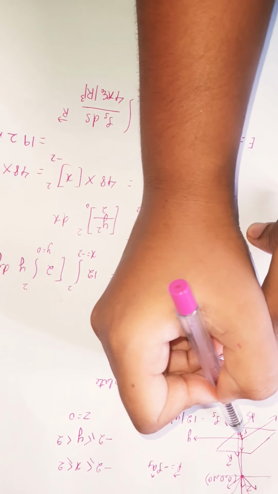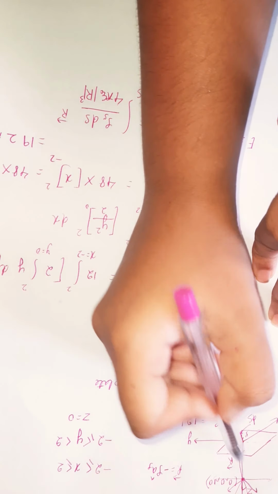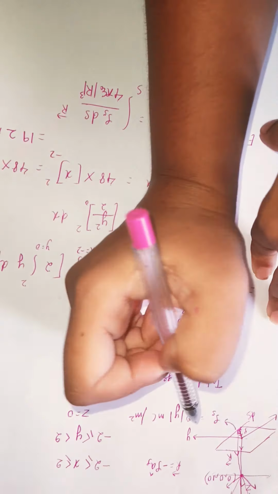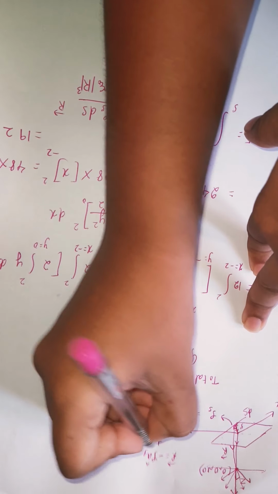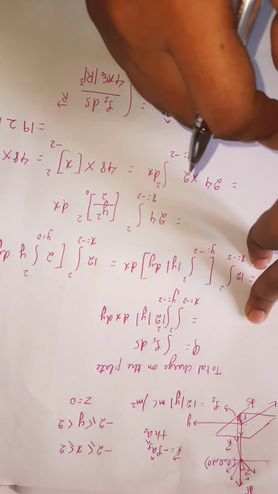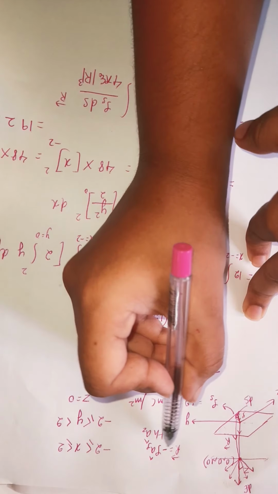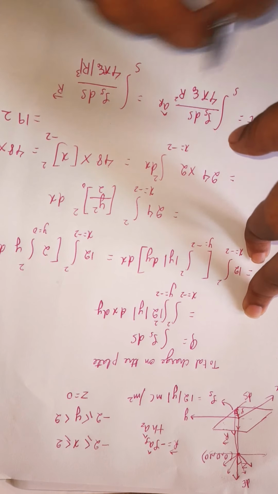You have learnt in vector triangles that if you add this, it will be equal to this R vector. So I can write like this, h a_z. I hope this is very clear to you. R is equal to minus rho a_rho cap plus h a_z cap.